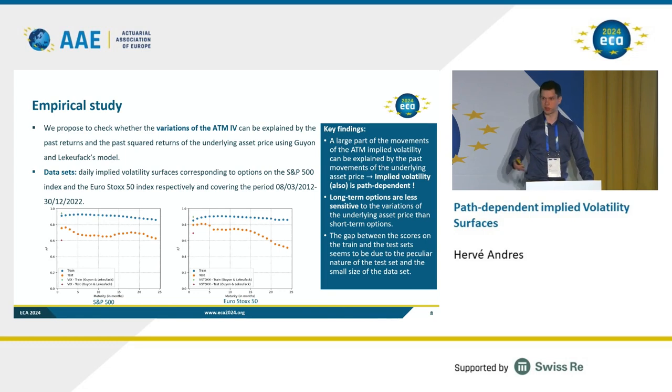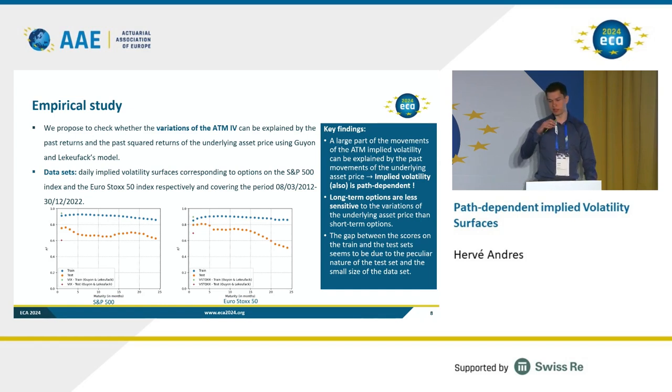So for each maturity, we performed this calibration. The first key finding is that implied volatility also seems to be path dependent, because the R2 scores are also very satisfying. The past path of the underlying asset price explains a large part of the variation of the implied volatility.